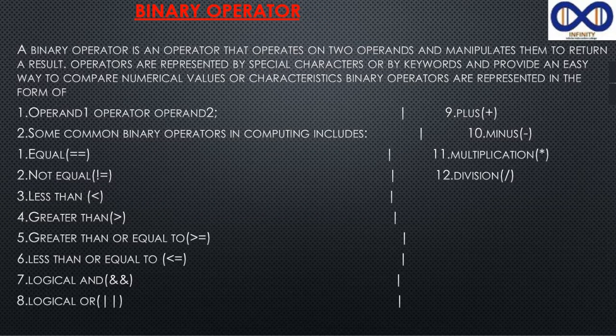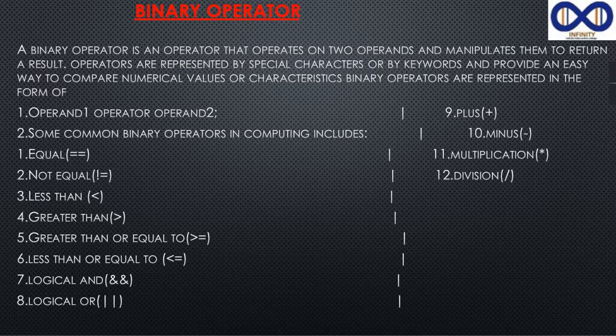The second type is the binary operators. A binary operator is an operator that operates on two operands and manipulates them to return a result. It works on two operands and returns the result of the two operands.